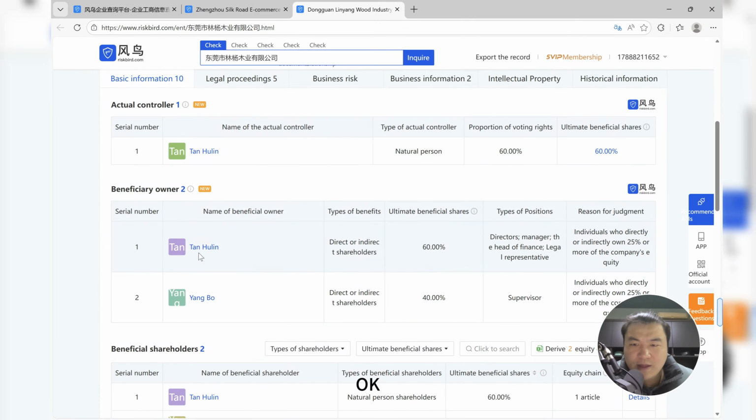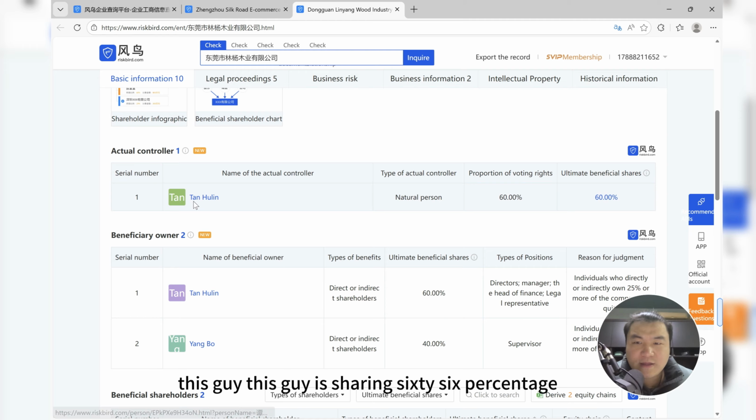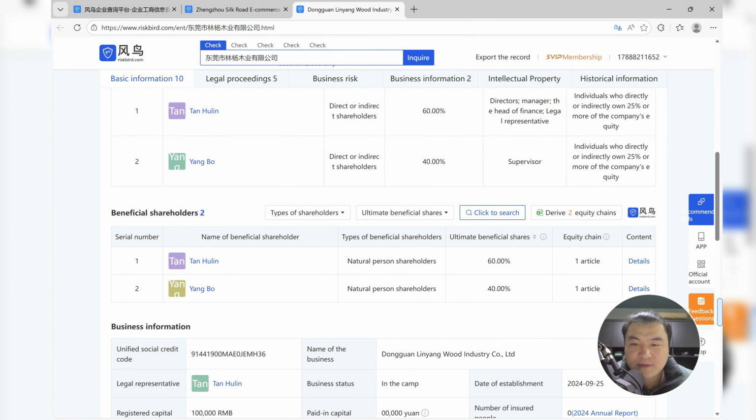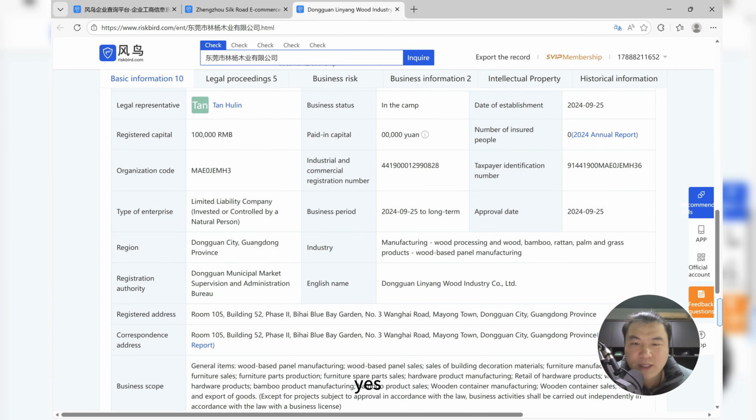Let's scroll down. This company has two individuals. This guy is holding 66%. Also I want to show you, here, industry: manufacturing, wood processing, bamboo.